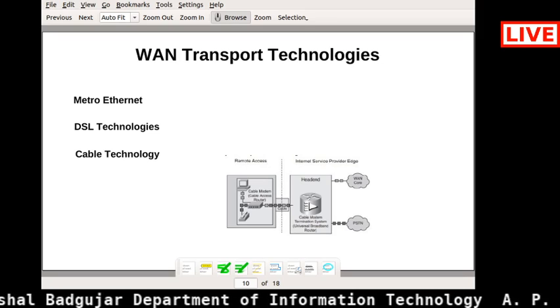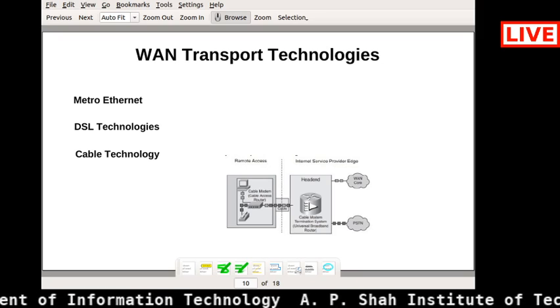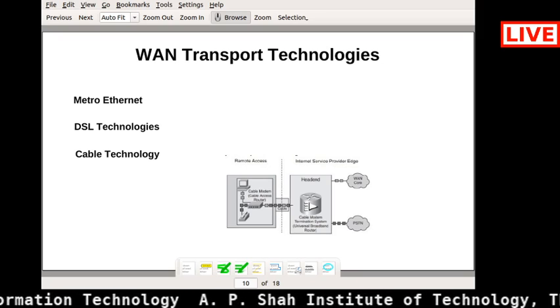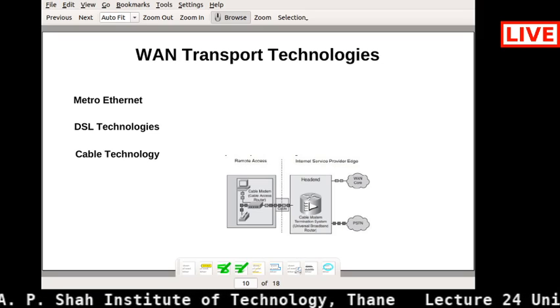Whatever technologies you see nowadays can be provided with the help of DSL.